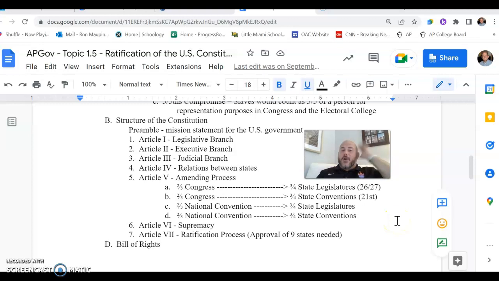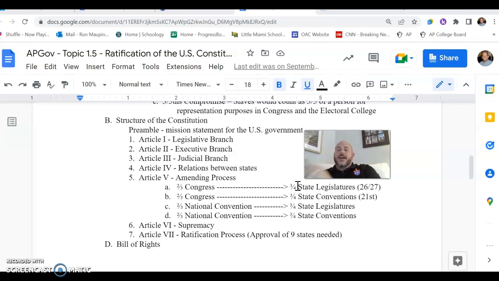Now, once that part is done, it still has to go through the ratification process. So it doesn't matter which of these 2 ways you propose it. For it to go into effect, it has to go to the ratification portion, which involves either state legislatures or state conventions. For it to be ratified from the proposal stage, you have to have either 3/4 of state legislatures approve it.